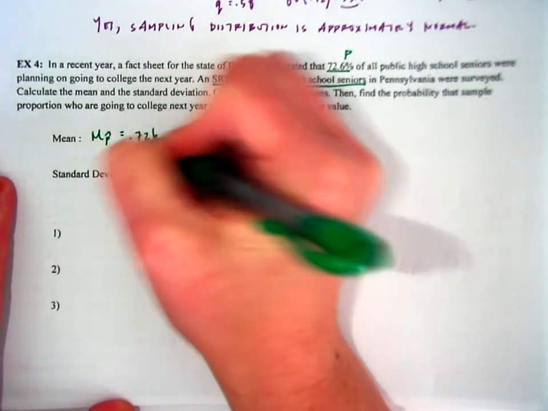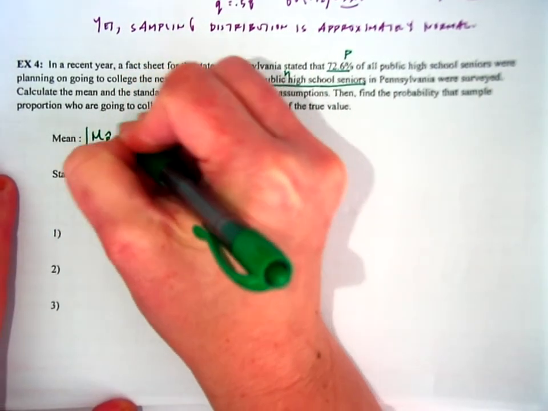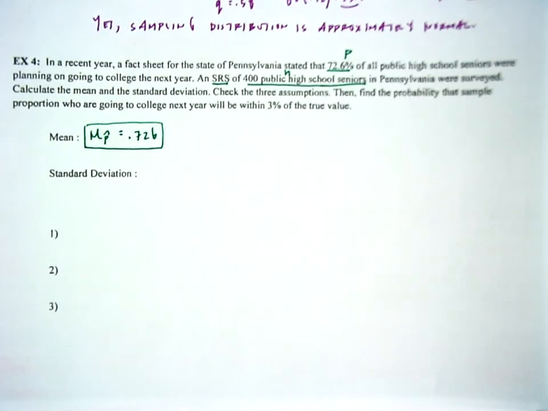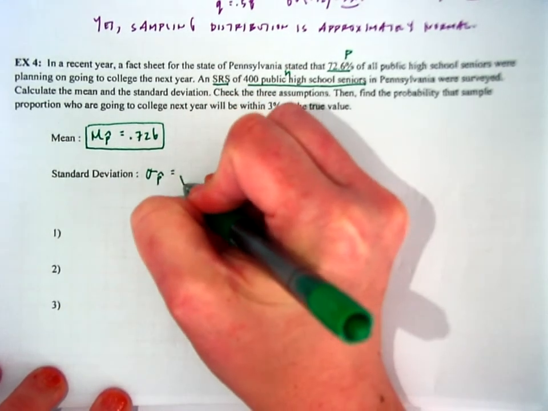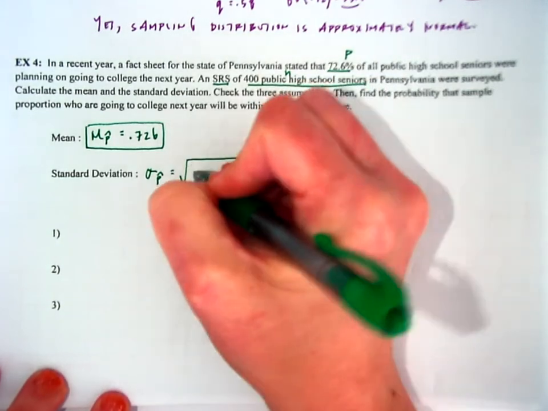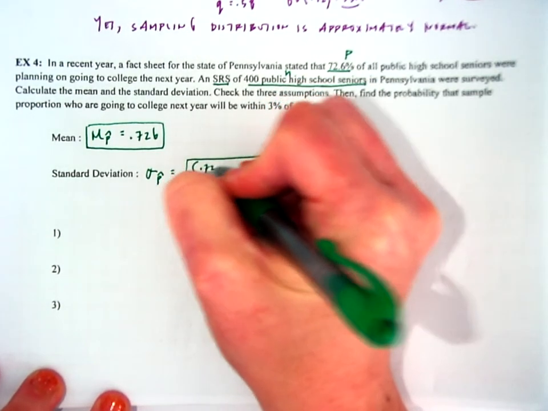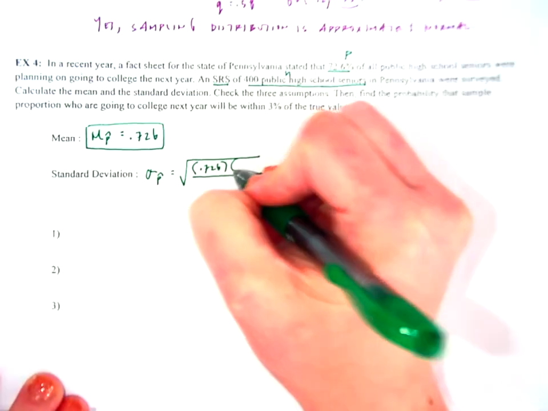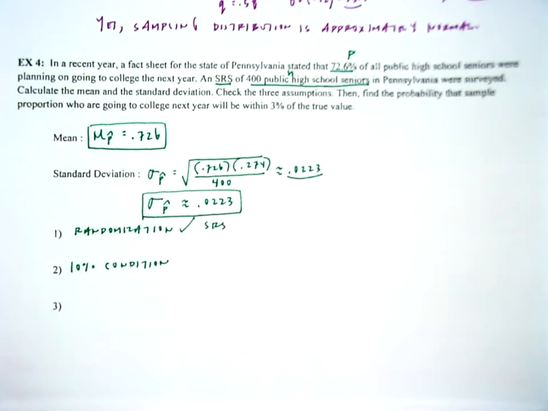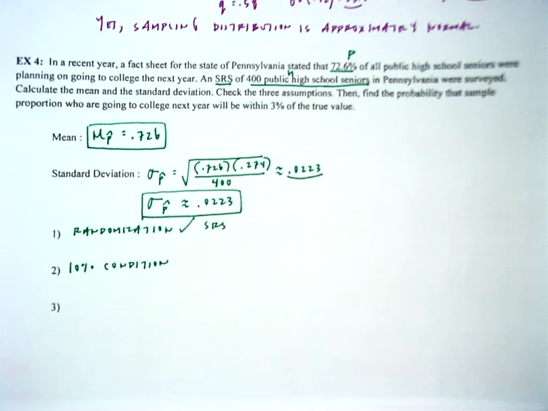So square root of P, 0.726. Q would be its complement, so 0.274. And then divide it by the sample size of 400. So when you crunch that, we get about 0.0223. So our standard deviation will be about 0.0223.